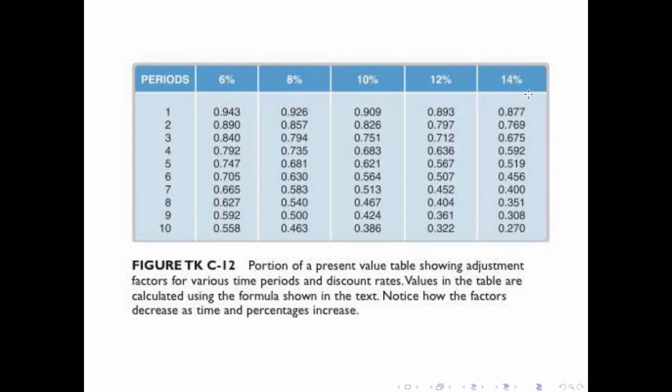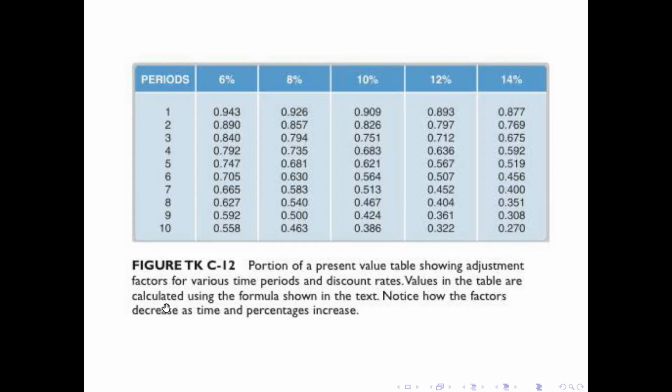Now, you know that the interest rate nowadays is about 14%, if I remember correctly, which means this is the amount you need in order to have $1 in the future. So this is a portion of the present value table showing adjustment factors for the various time periods at the discount rate.